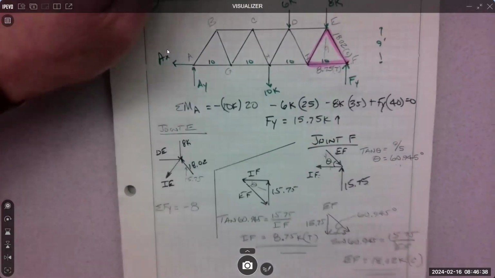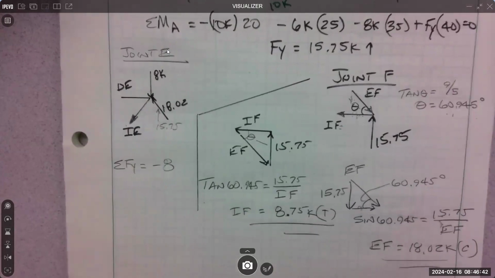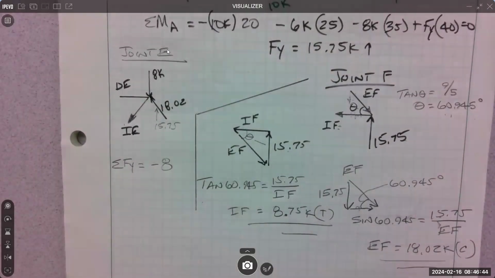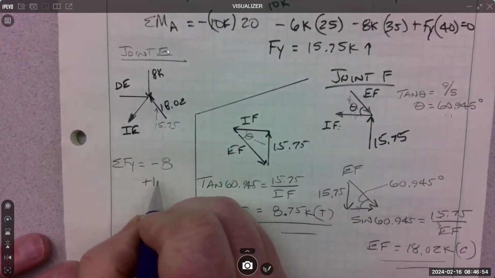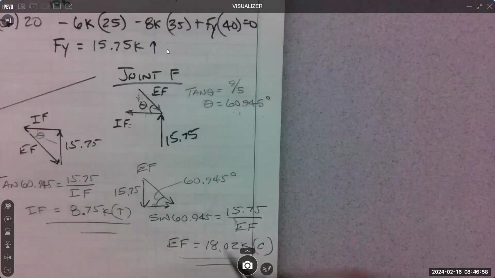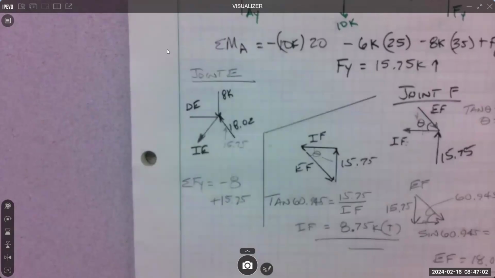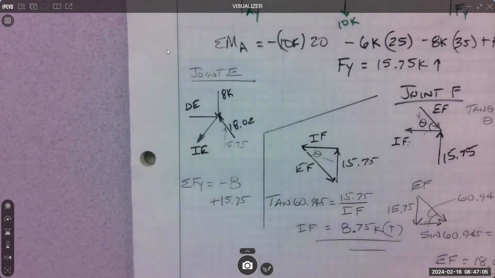Right? We're just focused on this joint now. We have 15.75 going up, that's rounded, but we just pulled that from over here. But we don't know IE.